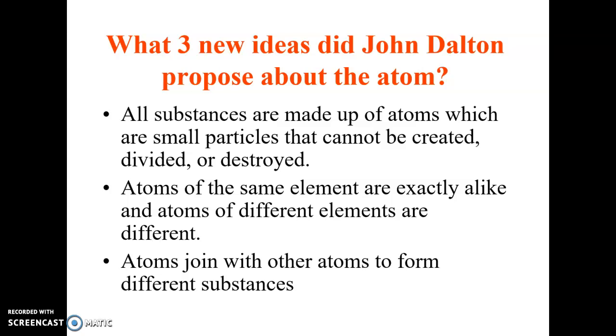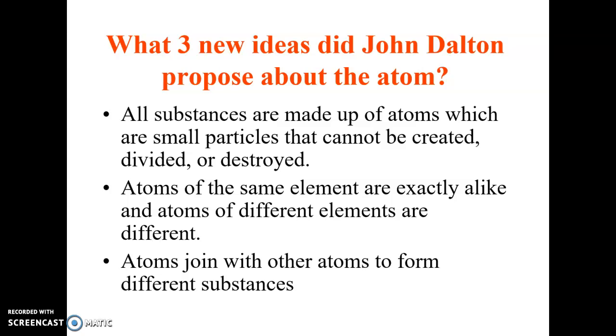The next statement in Dalton's atomic theory is that atoms of the same element are exactly alike and atoms of different elements are different. So what he's saying here is that every single atom of carbon would be identical. Every single atom of silver would be identical. But silver atoms would be different than carbon atoms.